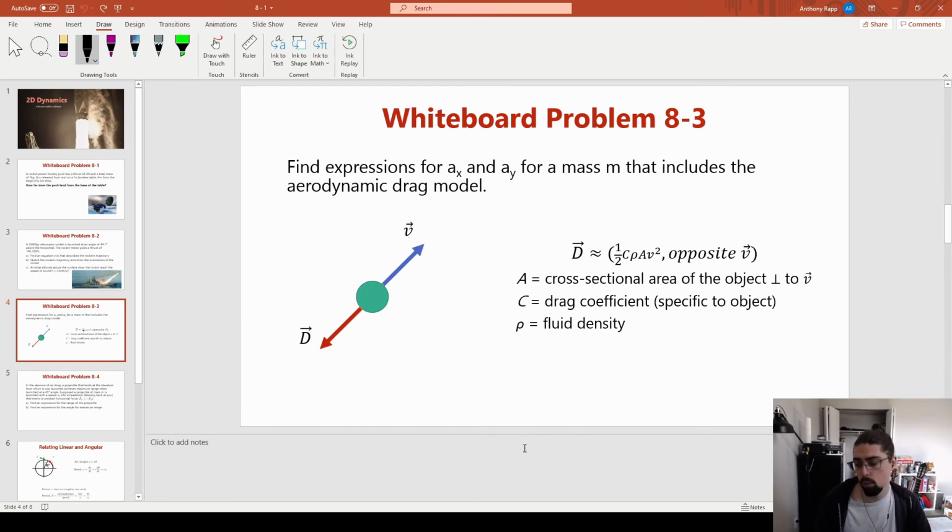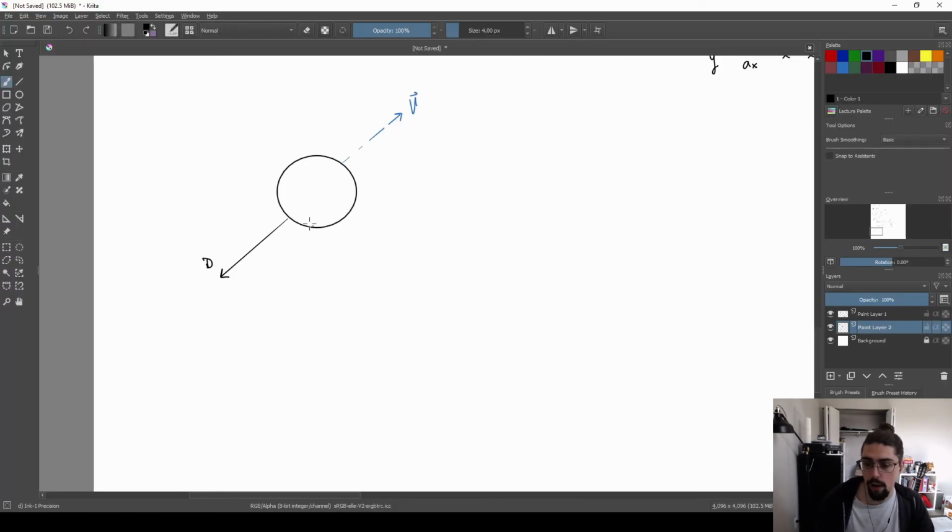I'll talk about a couple different ways that we can consider writing this. But for now, what I'm going to say is that we have this angle theta relative to x. And that means that similarly, my drag should have this angle theta relative to x, just on the other end of this thing.